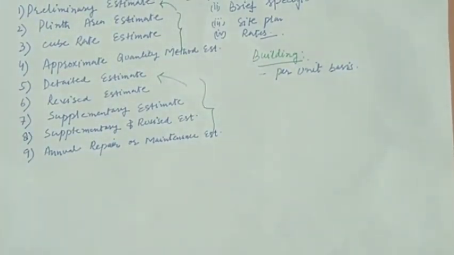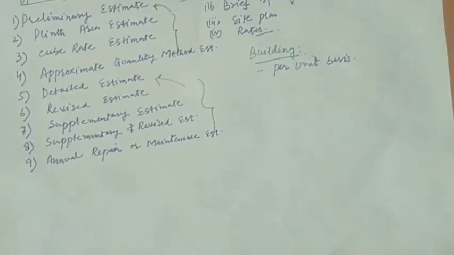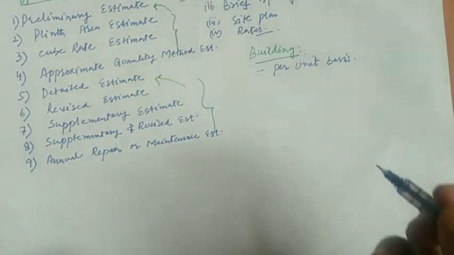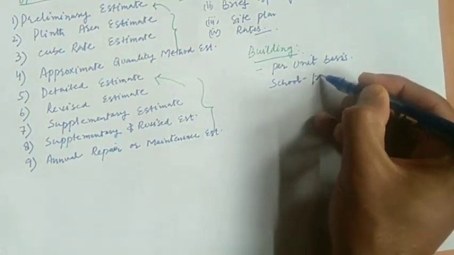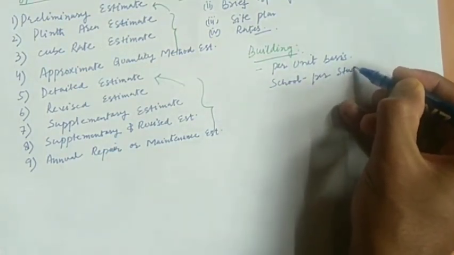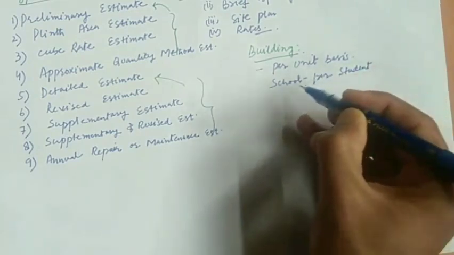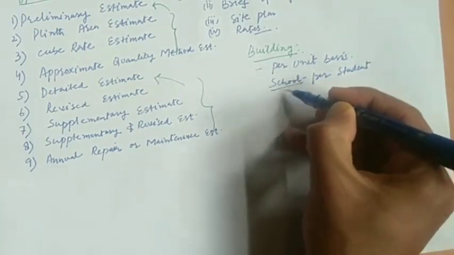What does that mean? If we have to make a preliminary estimate of a building, and it is a school, it will be made on the basis of per student, and the same for hostels as well.